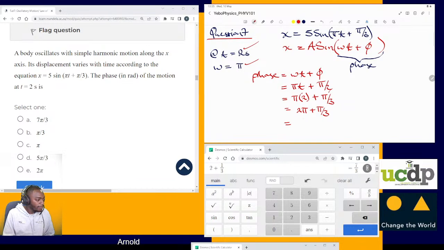So this is 7 pi over 3. And this is in radians. So that is how we've solved that problem.